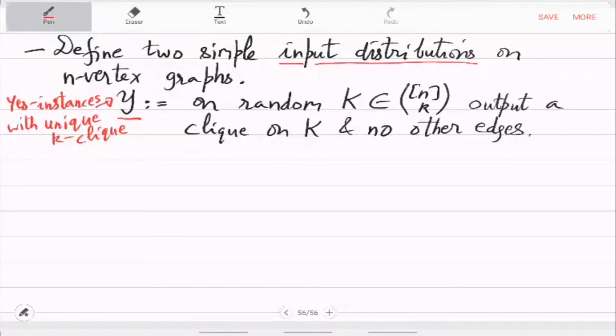And what is the no instance distribution? So the no instances that we will focus on in the proof are, you want k clique to be absent, right? So how do you avoid that? So this is non-trivial. It's a more clever construction than the first one.